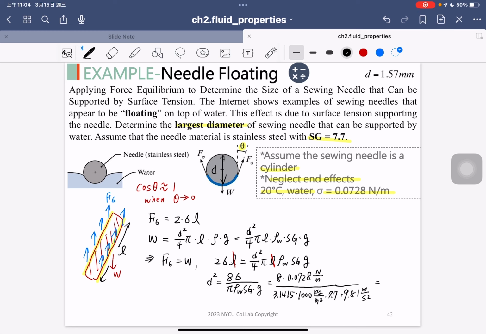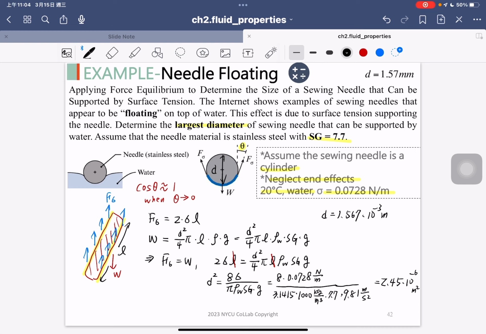This number is equal to 4.45 times 10 to the minus 6, and the dimension is meter squared. Then you take the root of D squared, and the answer is around 1.567 times 10 to the minus 3 meter.